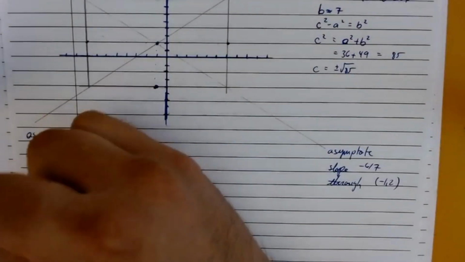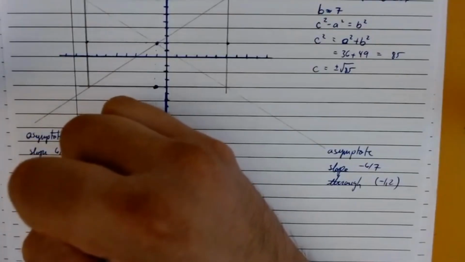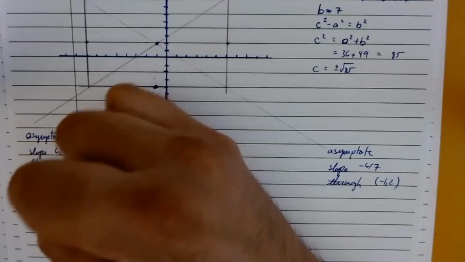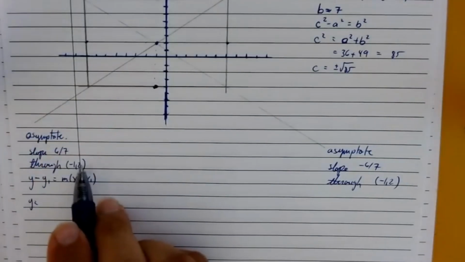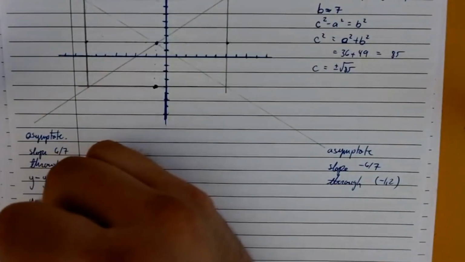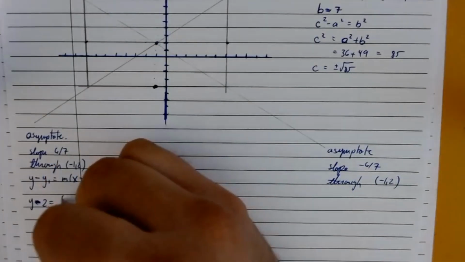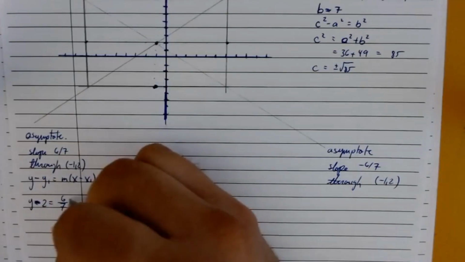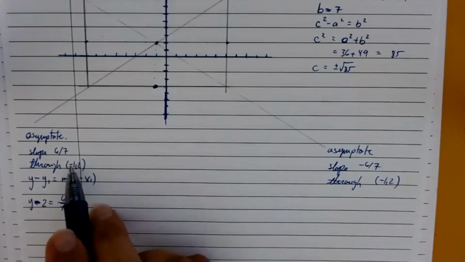Remember the point slope form of a line, y minus y1 equals m times x minus x1. And just plug it in. Take your y value, which is 2: y minus 2 equals m, our slope is 6 over 7, times x minus your x value, x minus a minus 1.